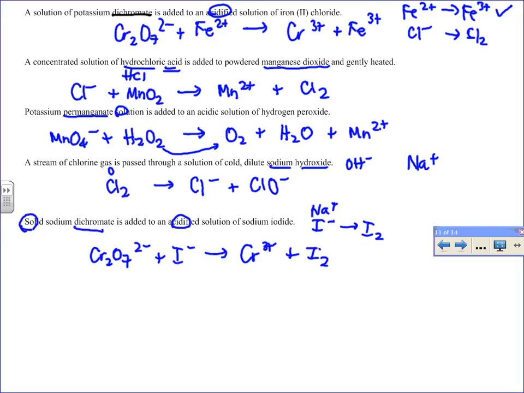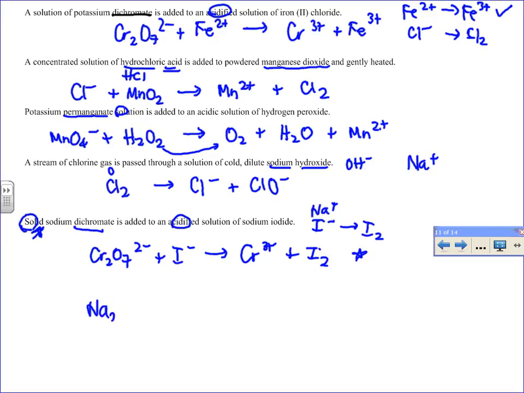And sodium has already lost electrons, so our option here is for iodide to lose electrons to become iodine solid. Now in this case, what I would recommend that you do is balance without the spectator ion involved. Pretend there's no spectator, but then you need to be clear that in the final reaction you need solid sodium dichromate, and then the sodium is going to be an ion in the end.